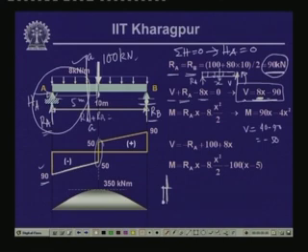Now, if we like to find the shear force immediately after this 100 kilonewton load, let us take a section here at this point, which is again at a variable distance x, wherein we include this concentrated load as well. If we draw the free body diagram of this portion, then we have the reactive force RA, the concentrated load at a distance of 5 meter, and the uniformly distributed load over the entire length of x, and as usual we will have the shear force V and the bending moment M.